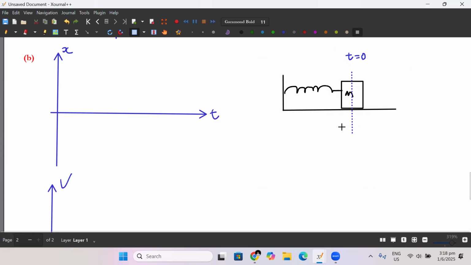If this is already time zero, then it's going this direction. Imagine this block at time zero. At the very next instant, it's moving to the right. Then it comes back, moves to the left, comes back, moves to the right, comes back, etc.